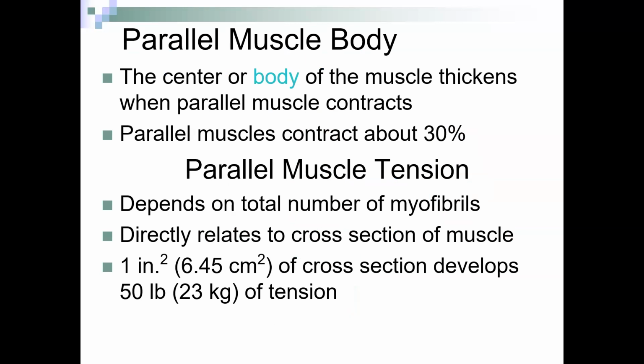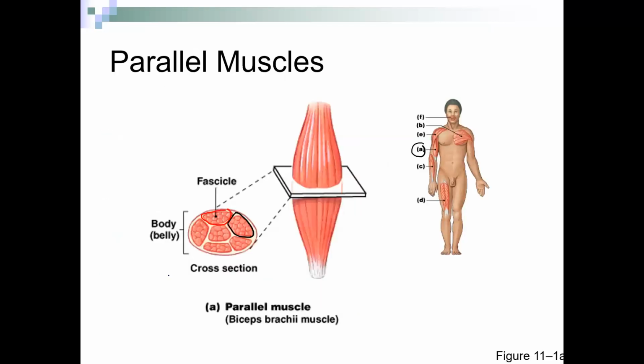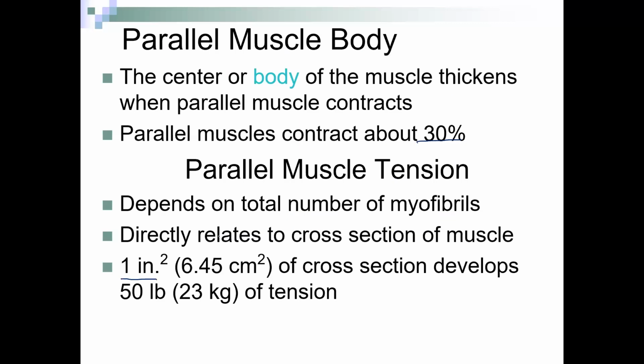All right. I mentioned the strength of the parallel muscles already, but I didn't mention that, well, it says they shorten about 30%, which is fine. But this is what I want to mention because it holds true for muscles in general. Generally speaking, every additional square inch of muscle cross-section you have, so if you cut the muscle like this, gives you an additional 50 pounds of pulling power.